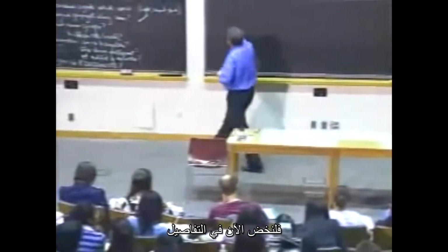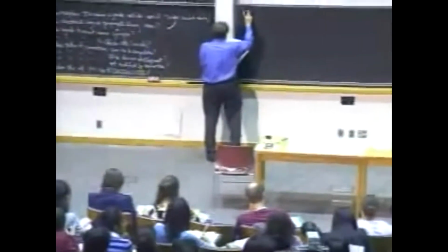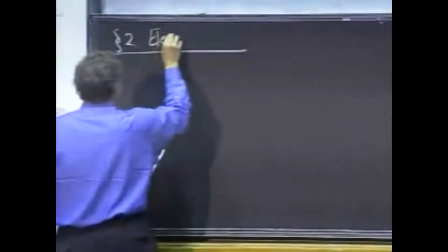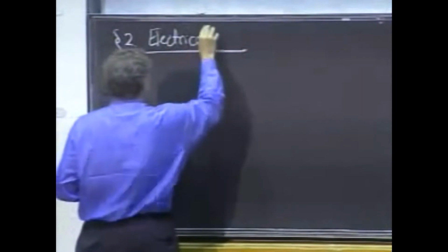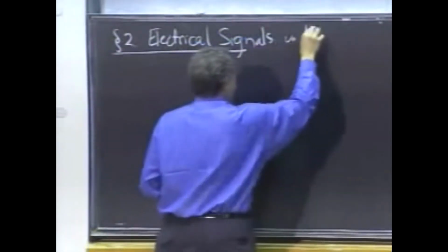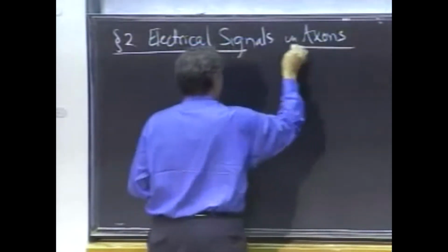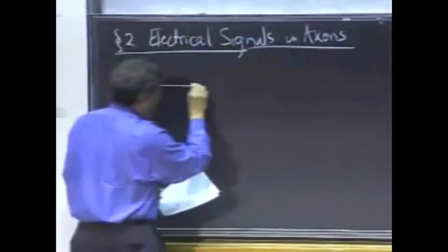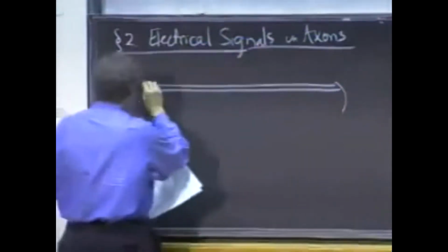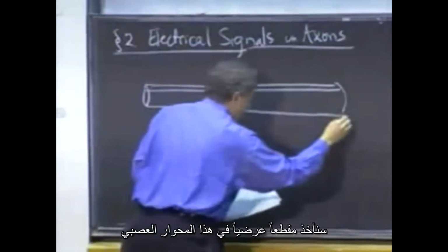So let's now dive into the specifics. Electrical signals in axons. Here is an axon. We're going to give a very close-up view. Here's the lipid bilayer. I'm just going to take a cross-sectional view of my axon here.